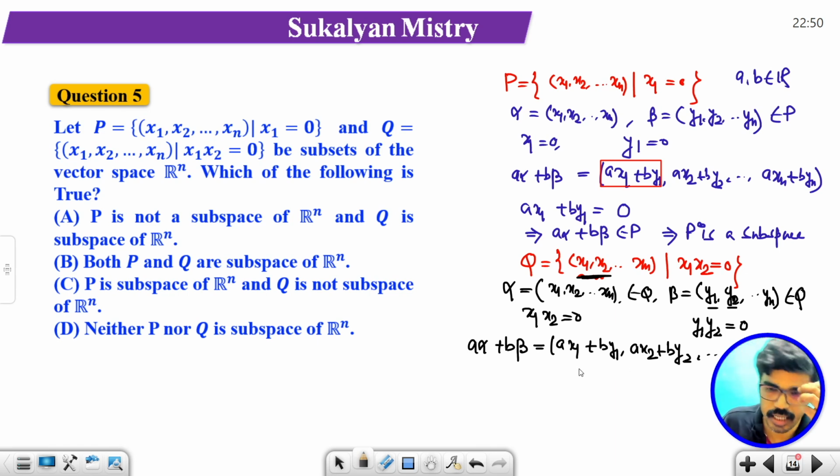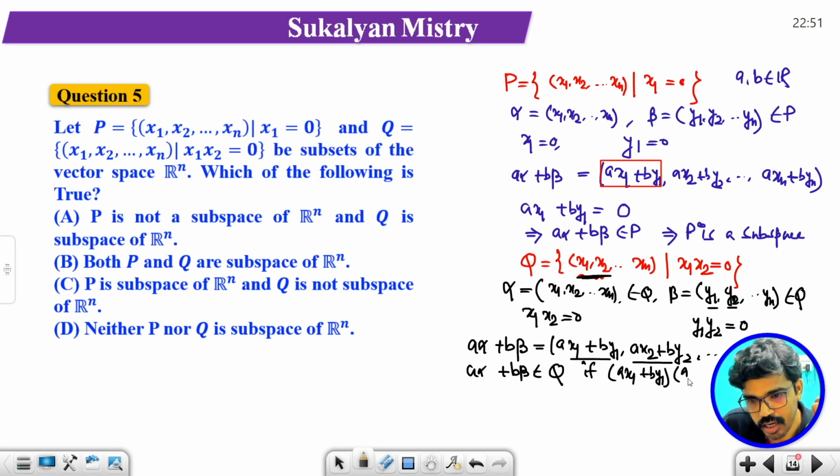a alpha plus b beta কখন Q এলিমেন্ট হবে? a alpha plus b beta belongs to Q if we can show this into this is equal to 0, if ax1 plus by1 into ax2 plus by2 is equal to 0.